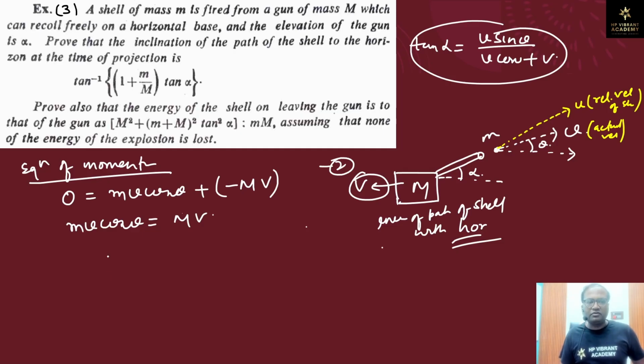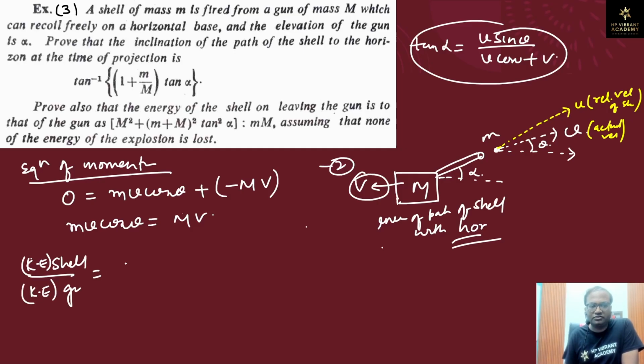Now what is given in the question? Prove that the ratio of the energy of the shell on leaving the gun to that of the gun is given by an expression. So we have the kinetic energy of shell upon kinetic energy of gun is equal to half of small m into small v square upon half capital M into capital V square. This is equal to small m upon capital M into small v square upon capital V square.